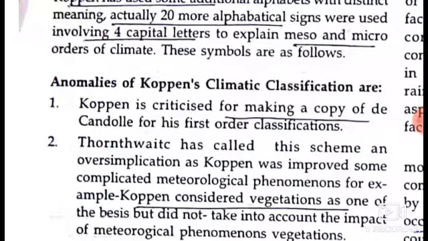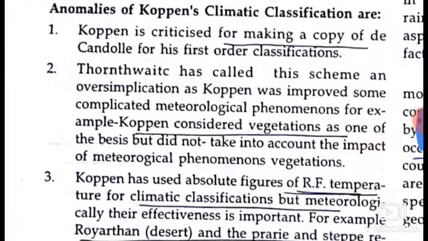So the anomalies of Köppen's climatic classification are: Köppen is criticized for making a copy of de Candolle for his first order classification. Thornthwaite has called this scheme oversimplified, as Köppen ignored some complicated meteorological phenomena.